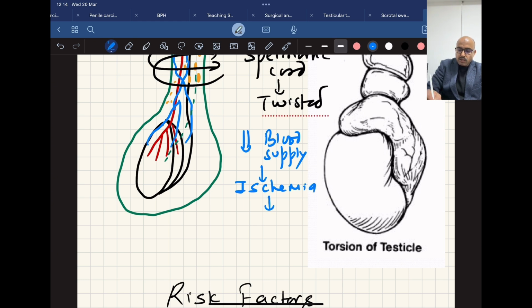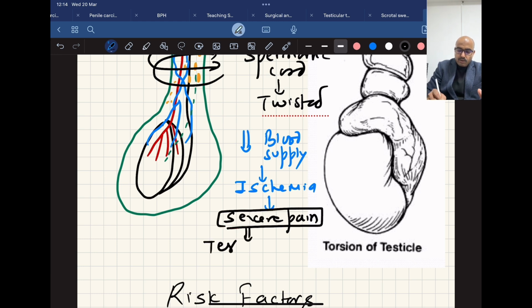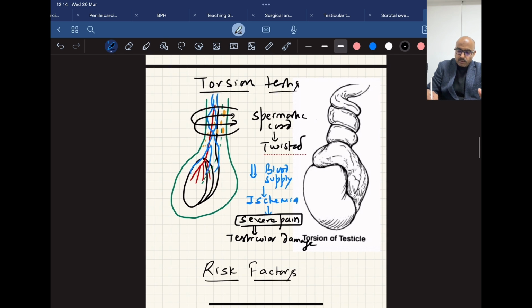Ischemia means hypoxia, which leads to testicular damage, and it causes severe pain. And if not treated on time, then it will cause testicular damage. That's why it is known as a urological emergency.